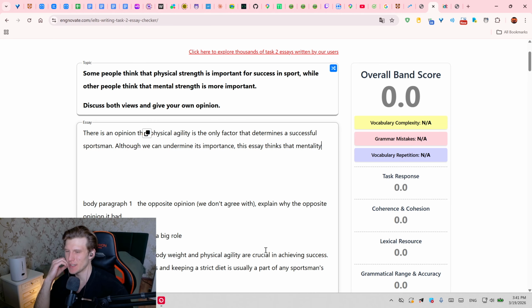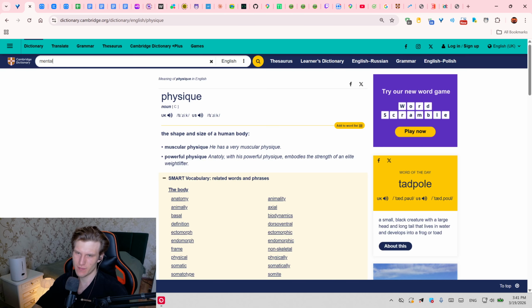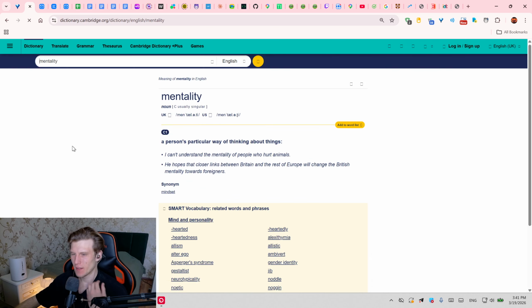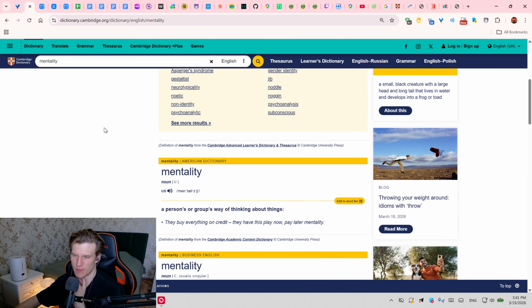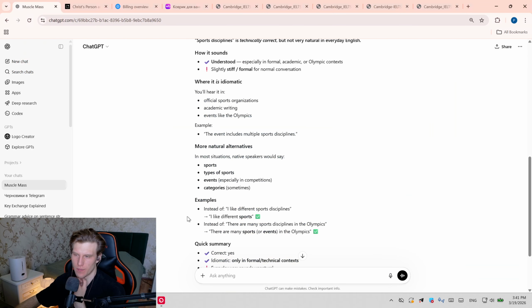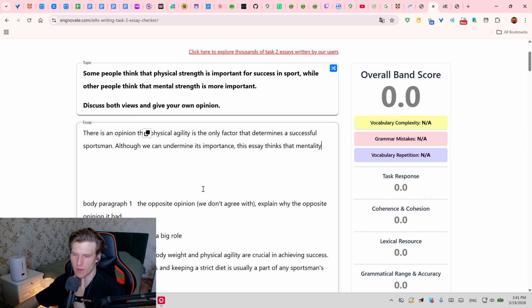Okay, not a mentality. Well, maybe it works, mentality is usually. Nah, it's not. Yeah, it's usually the synonym for mindset. Thinking. Okay, argues sounds more formal.